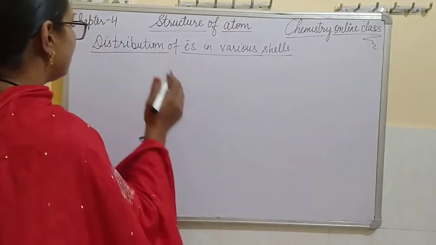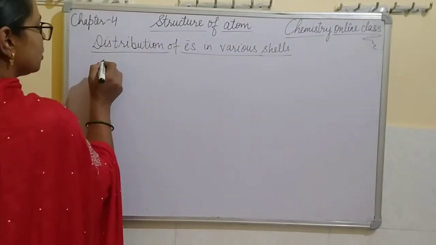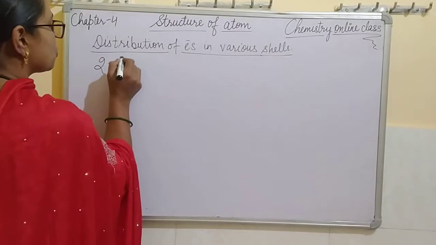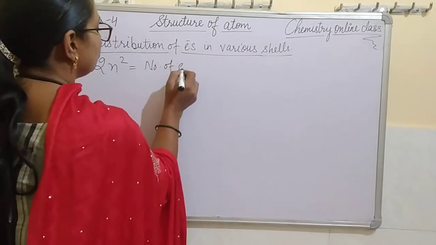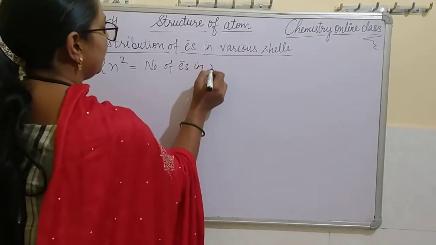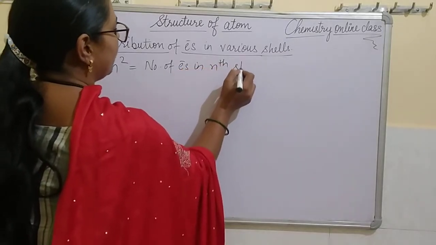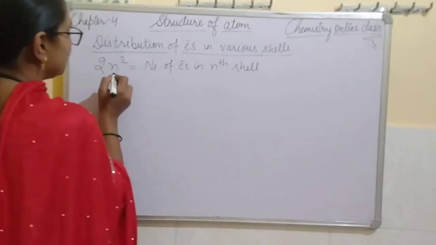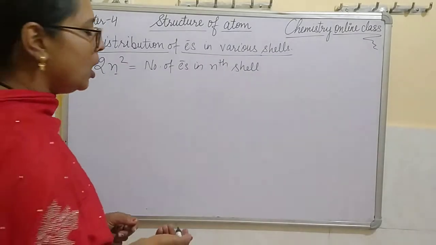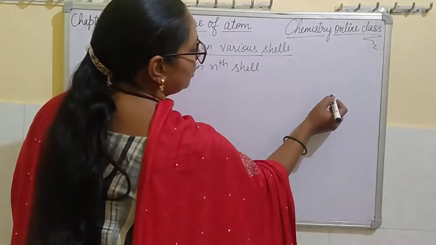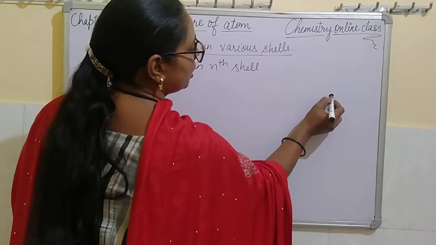First of all, we will use a relation that 2n square will give us the number of electrons in the nth shell, where n is the principal quantum number, or you can say simply the number which represents the position of a shell. For example, suppose this is the nucleus.